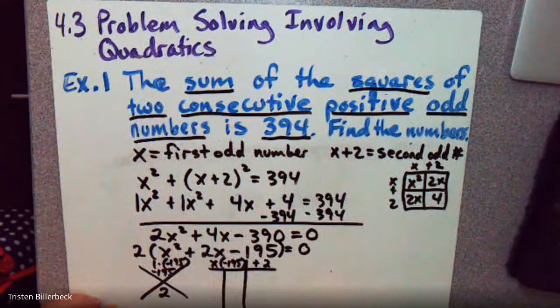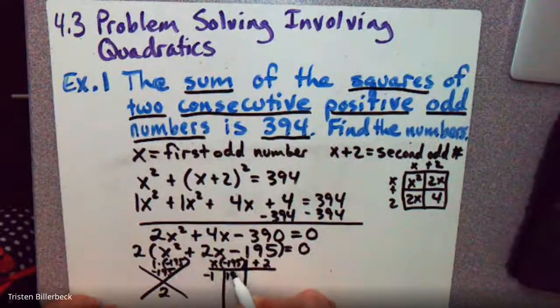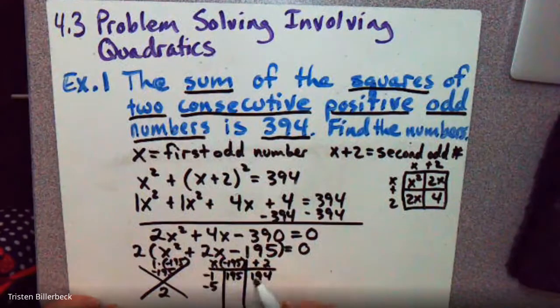And we want them to be close together. So we know the bigger number is going to be positive because we have a positive number. So if we start at the beginning, negative 195, we see we have 194. That is so far off that we might as well start trying something closer. Now it ends in a 5, so let's try negative 5.